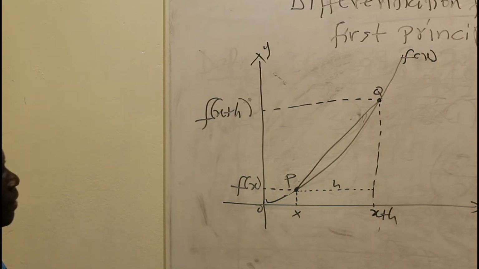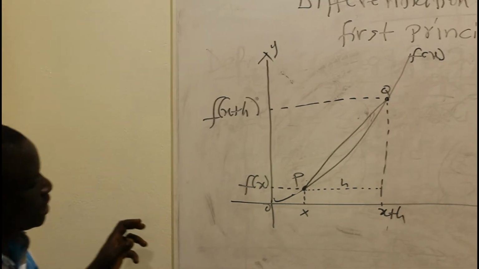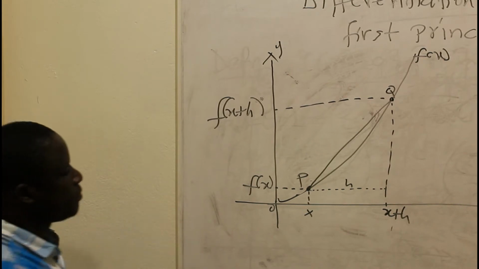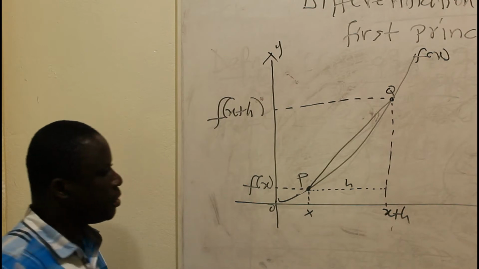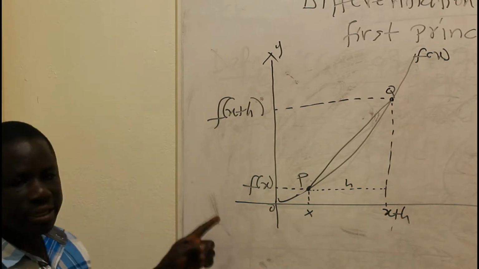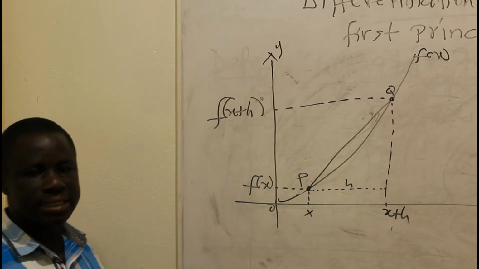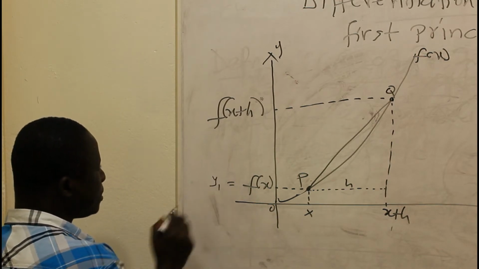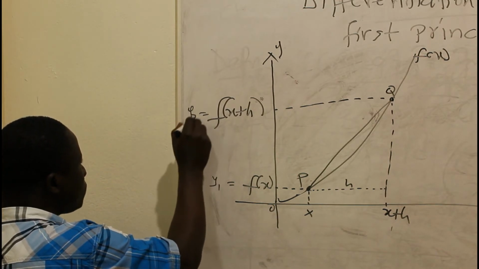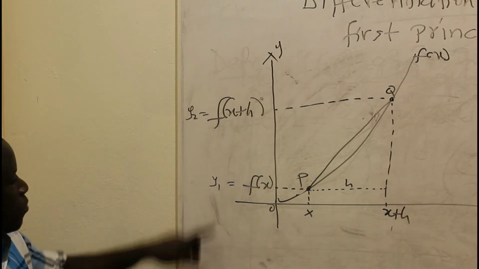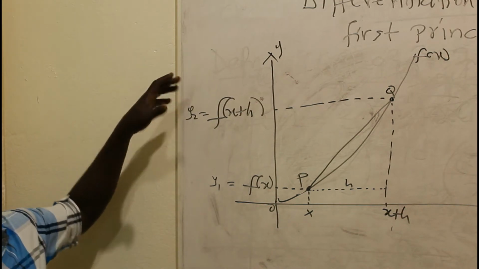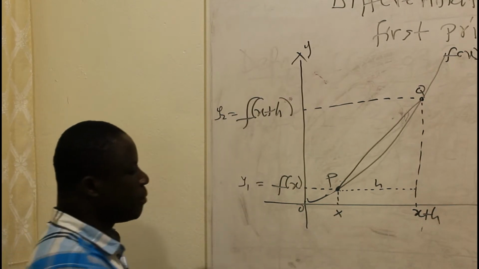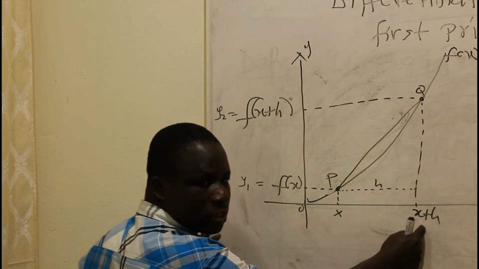So from our elementary knowledge of slopes or gradients of functions, if you want to find the gradient of PQ, then it is going to be changing y over changing x. Some books will say this is y1, others will say y2. So if it is y1 here and y2 there, it is changing y over changing what? x. And this one becomes x1, x2.